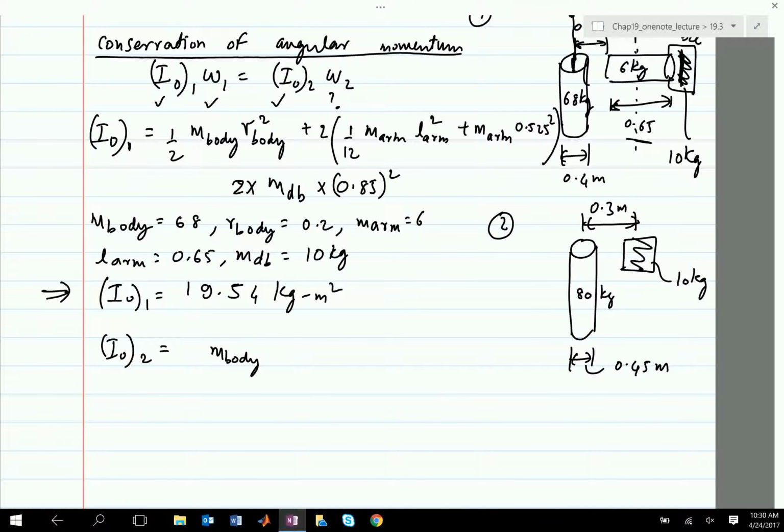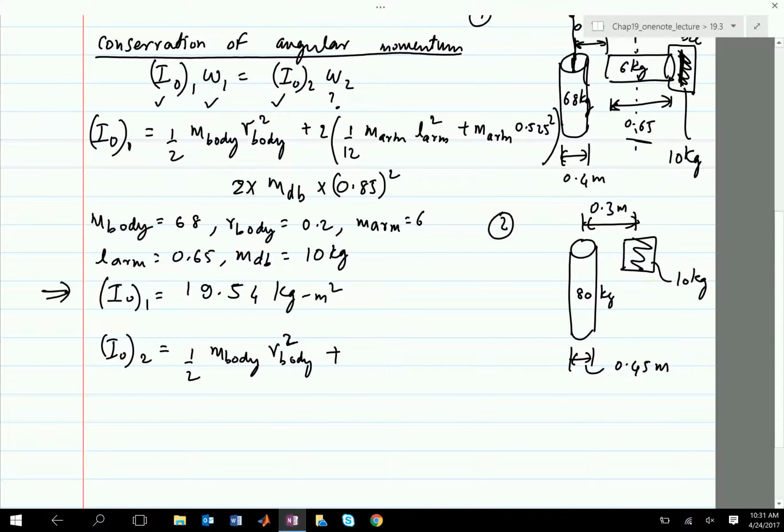When you have that scenario, the inertia is m body times r body square divided by 2. It's the same as that of a disk, because if you look at it in a way, along this axis, it's like a disk, right?